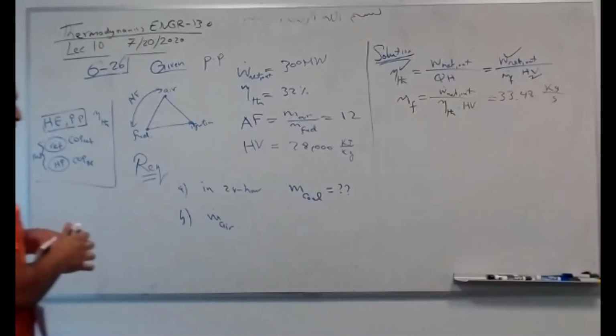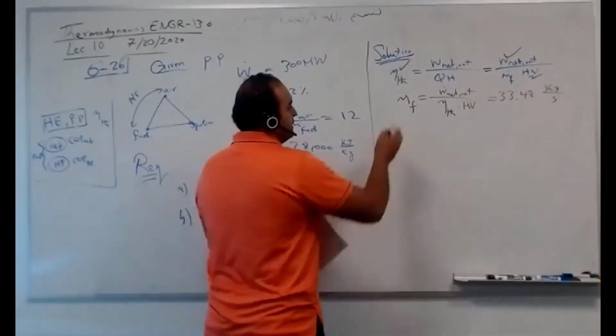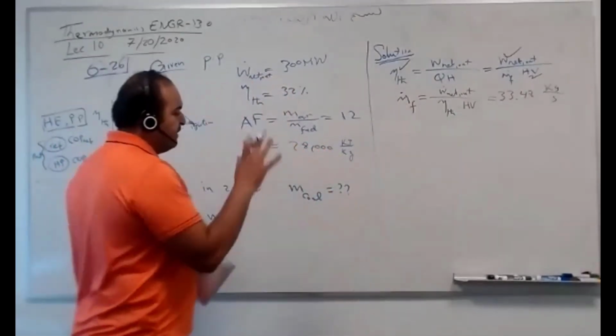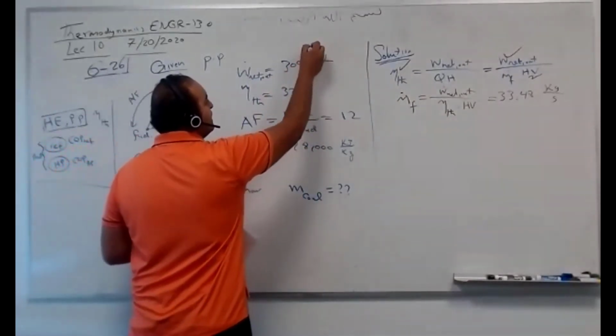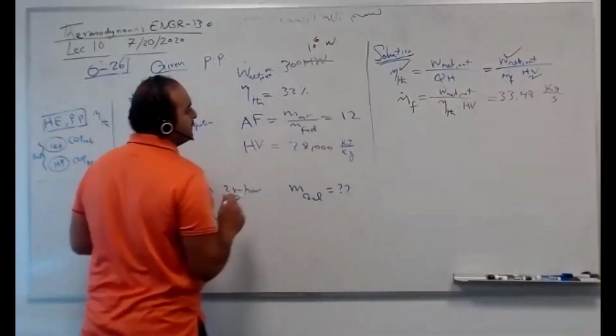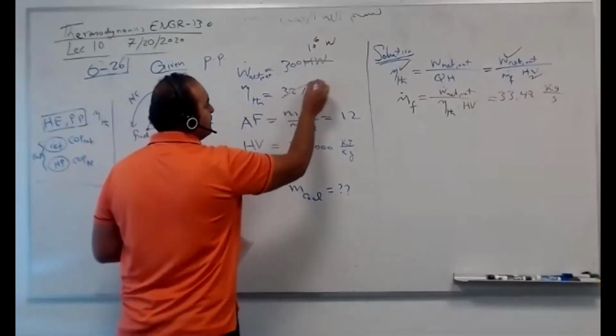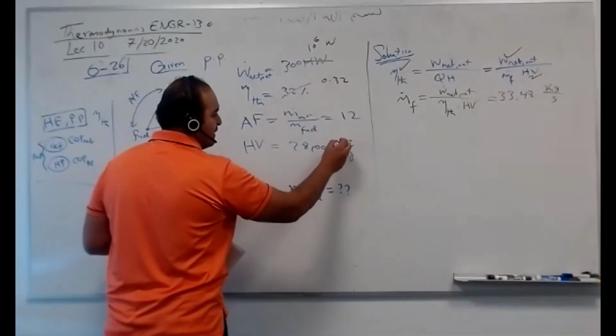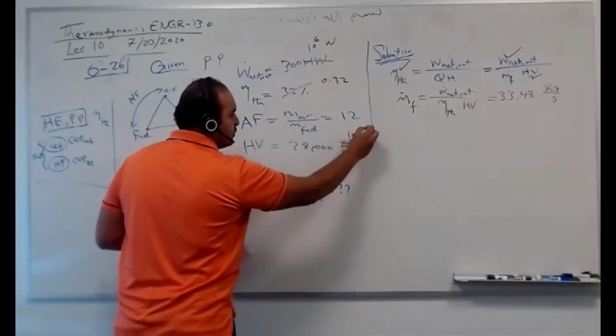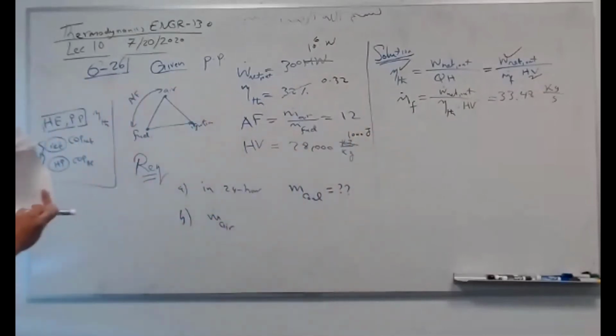This is m dot. Make sure everything is in SI. For example, megawatt is 10 to the 6 watt. That's fine. This is just 0.32. This is correct. Kilojoule, oh, this is 1000 joule. Make sure everything is SI. Mega is 10 to the 6 watt.